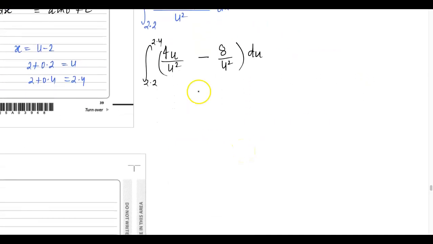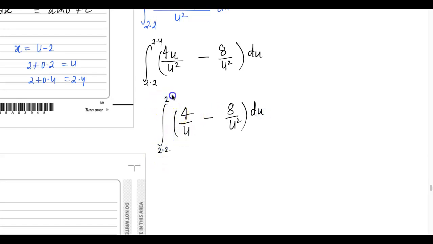Okay. Now can we write it with u cancelled? It is 4 over u minus 8 over u squared, and this is what we have to integrate.